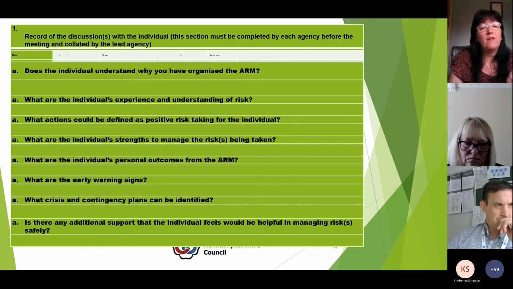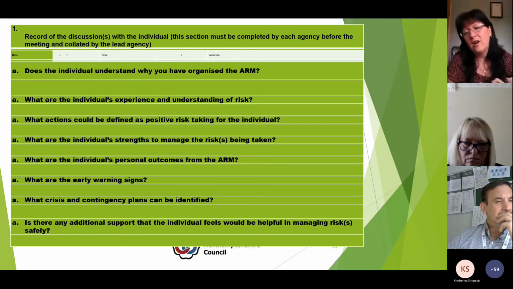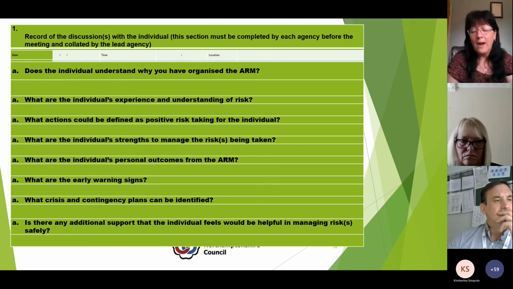They might have their own contingency plans, or plans for what happens in a crisis. They might be able to identify additional support. But again, as a chair, you need to make sure that everybody at that meeting is not there just to offload and share those risks. They are there to also identify, well, we've identified this risk and this is what we can do about it.